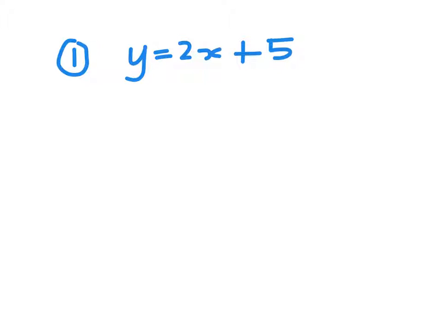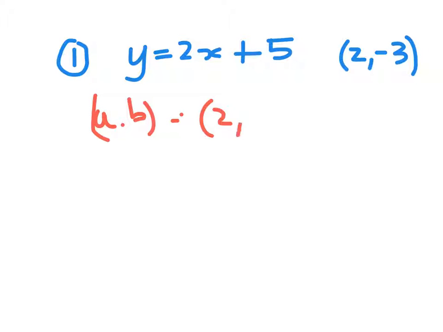Question 1 says you have to find the equation of the line that passes through the point (2, -3), which is perpendicular to this line. Well, remember, for every single straight line we need to know 2 points, the A and the B point. Now, we know the point (2, -3), given in the question. We also need to know the gradient.